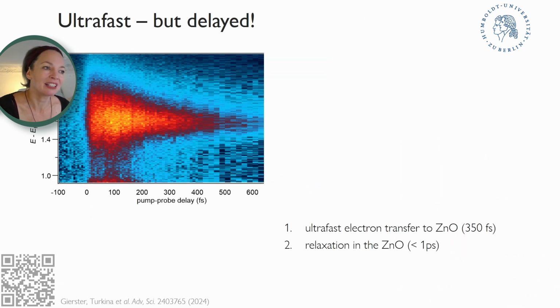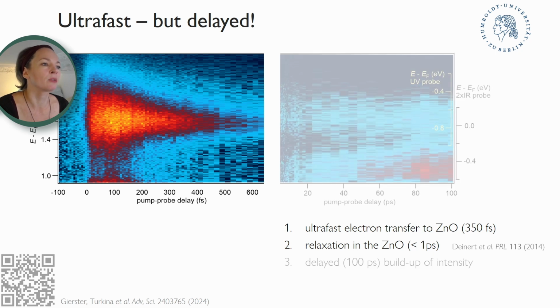Let's move on and have a look at the dynamics after the population has decayed. So we have ultra-fast electron transfer to the zinc oxide. We know from a previous work that electrons relax really quickly to the conduction band minimum of the zinc oxide on a time scale faster than 1 picosecond.